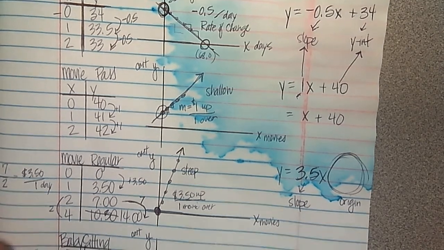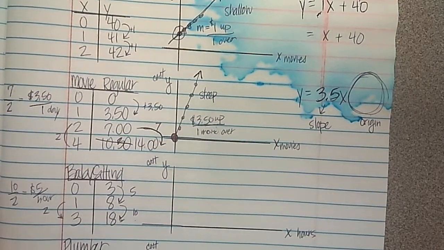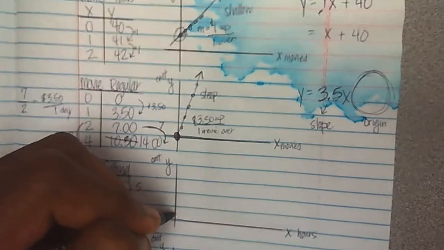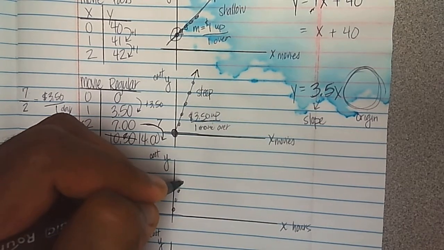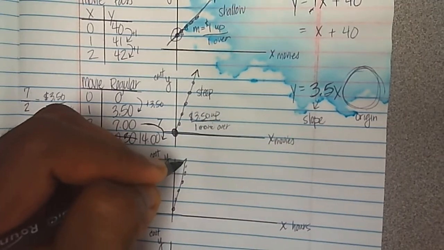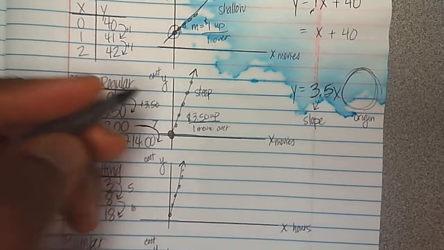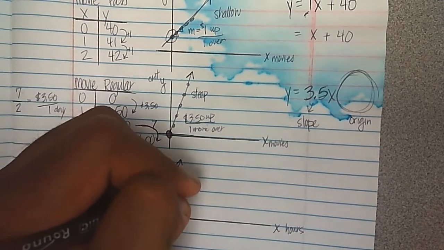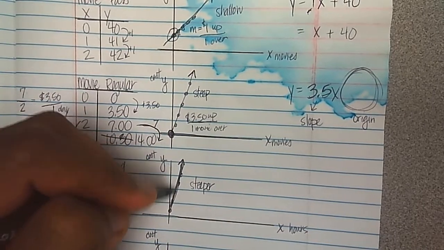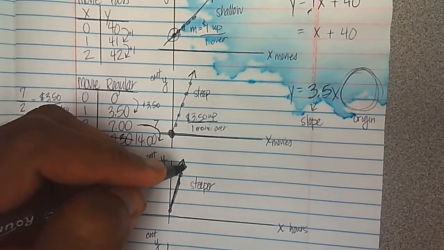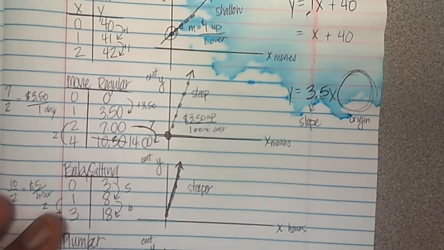You get 3 attempts. Babysitting had a starting point of $3, and then it went up $5. So compared to this $3.50, this is even steeper. So how quick that rate of change goes tells you how steep or shallow it is.